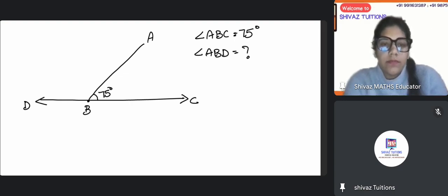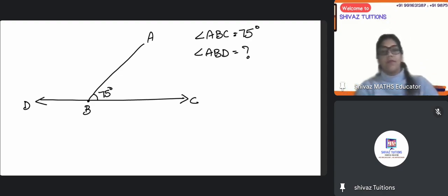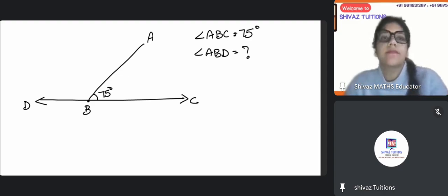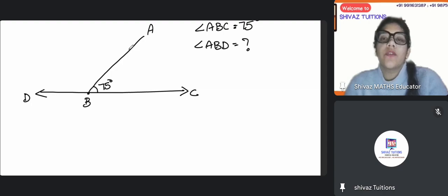They're correct because if you add all of A, B, C, D, then 105 comes. If we add, D and C are 180 degrees, of course, and then ABC is 75, so it's 180 minus 75.